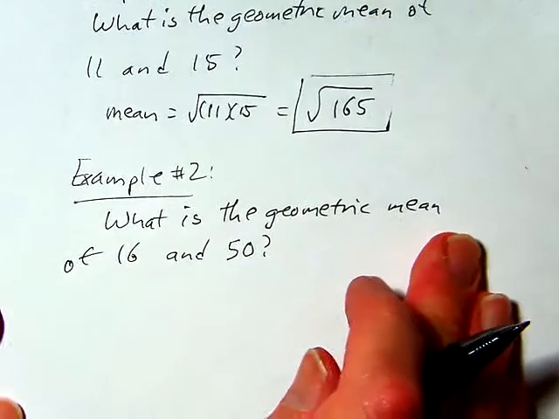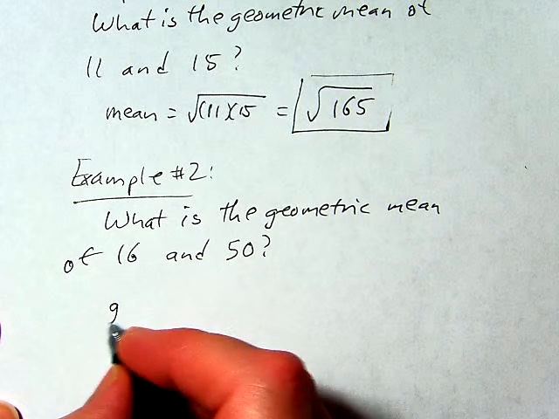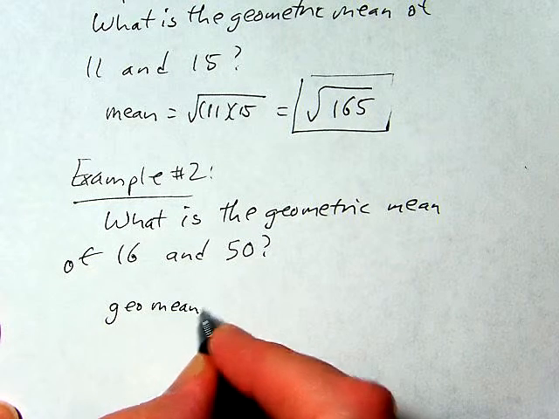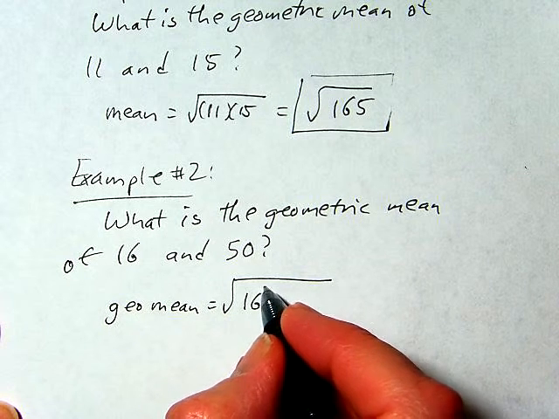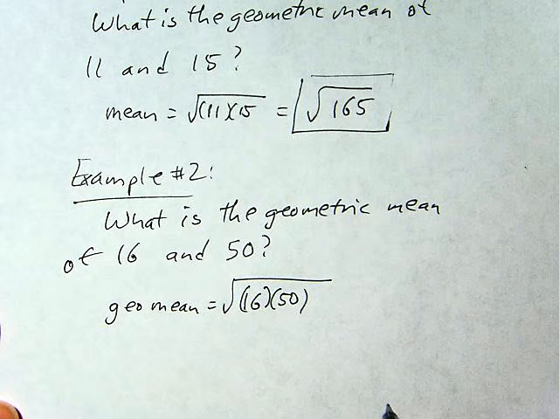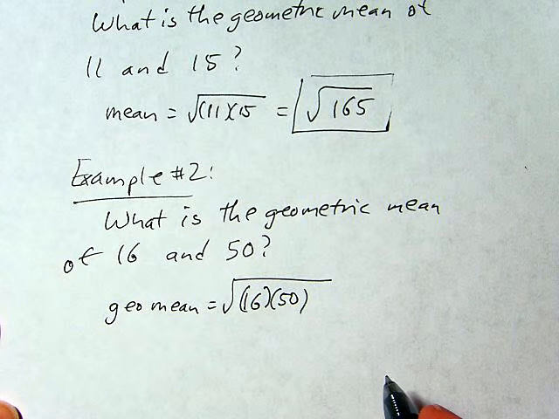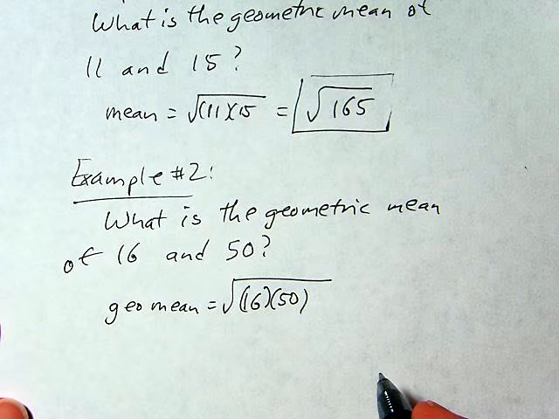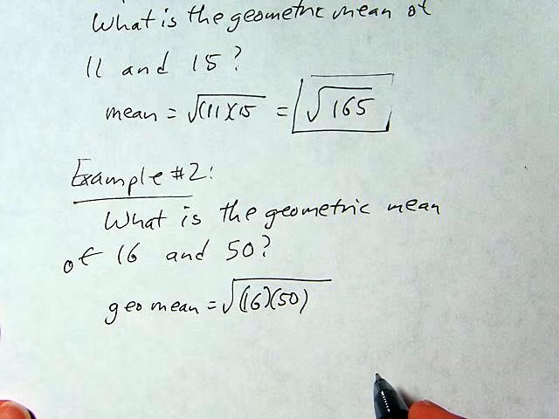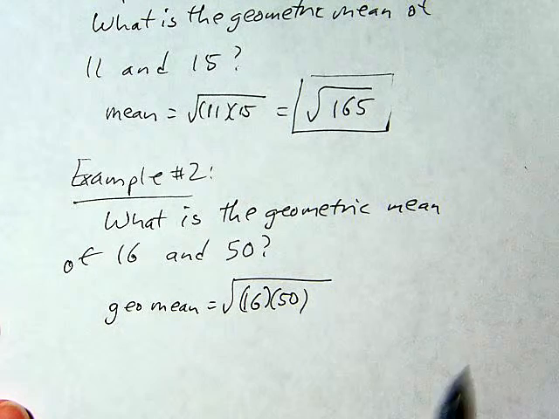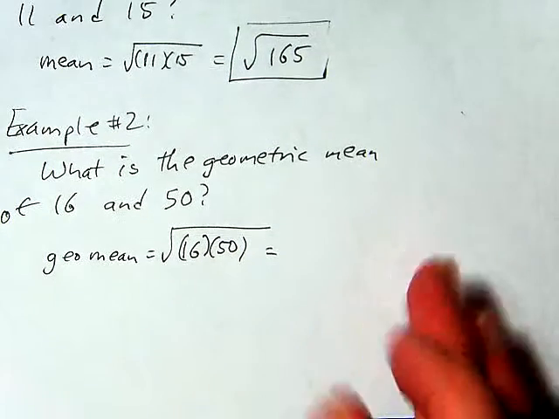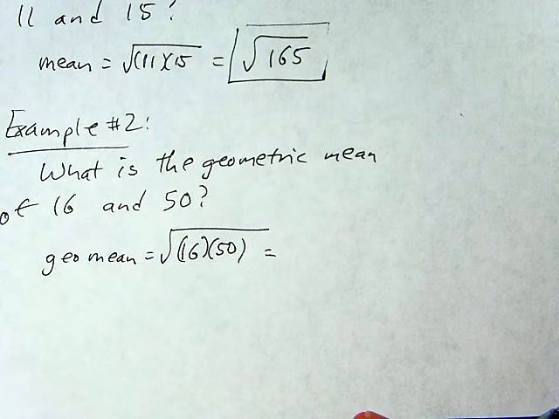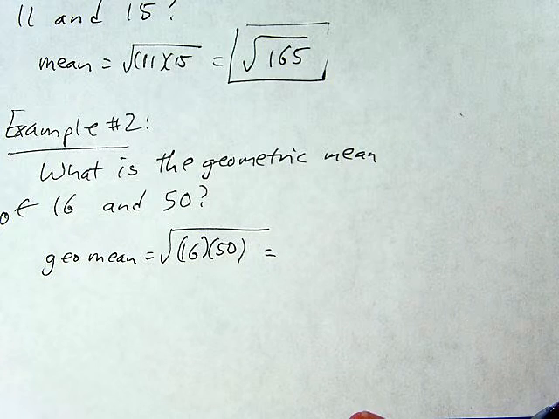Okay, so again, the geometric mean is going to be equal to the square root of 16 times 50. It's really that simple. You take the two numbers, multiply them together, take the square root, and that's what gives you the geometric mean. However, in this case, it will take a little bit of work to get the square root into the simplest form.